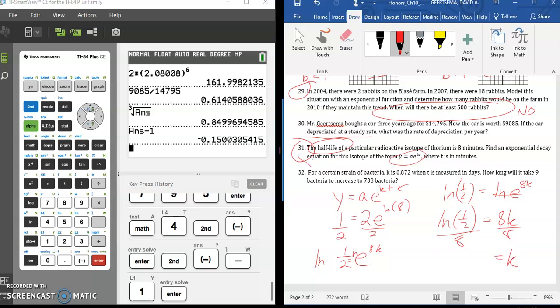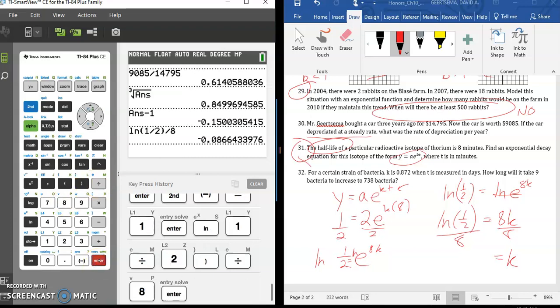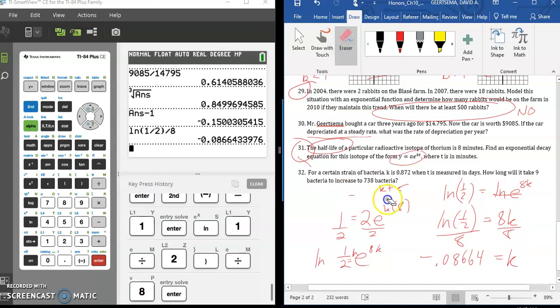So k is equal to, now I need my calculator, the ln of 1 divided by 2, close parentheses, and then divided by 8. And I would get negative 0.08664. So basically my equation for this problem, it said write an equation for this isotope, would be, and I'm just going to erase a little something here so I can write it out real nicely for you.